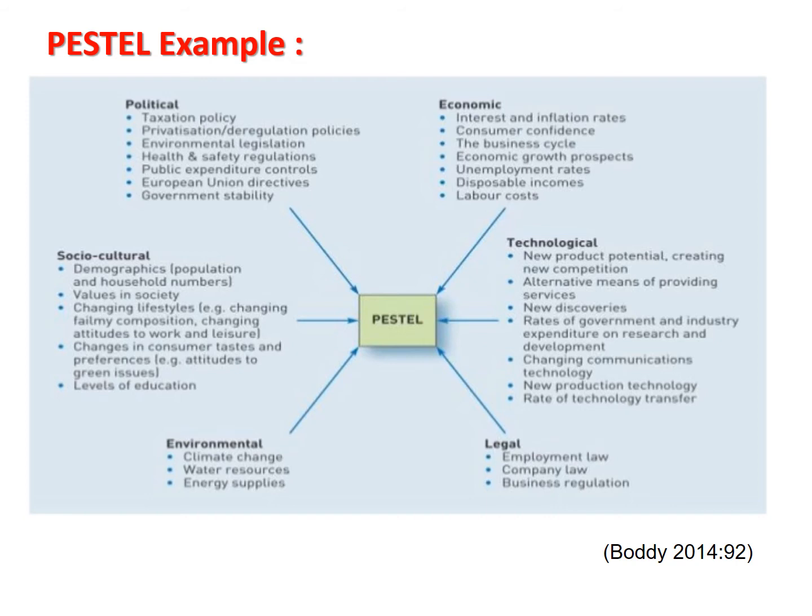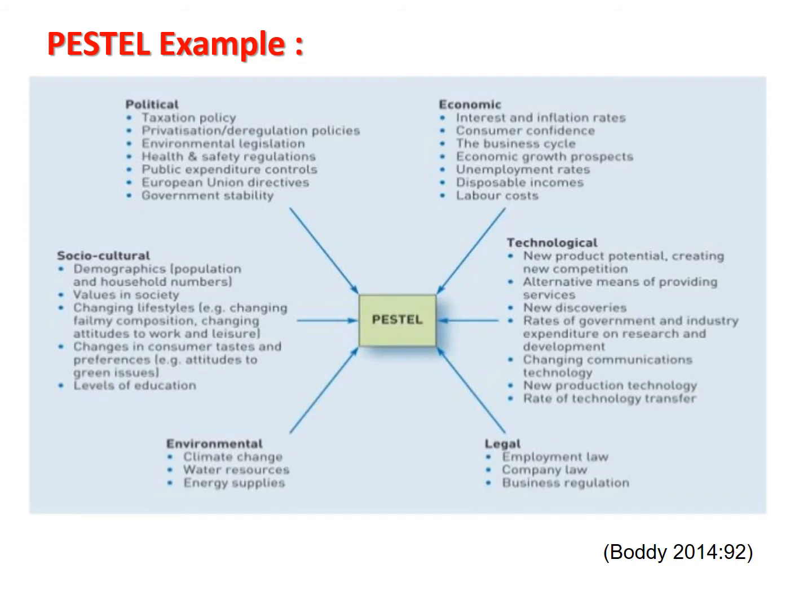From the social cultural perspective, these include demographics, populations, household numbers, values in society, changing lifestyles, changes in consumer tastes and preferences, levels of education. From an environmental side, areas like climate change, water resources, energy supplies. From a legal perspective, we're talking about employment law, company law, business regulations.